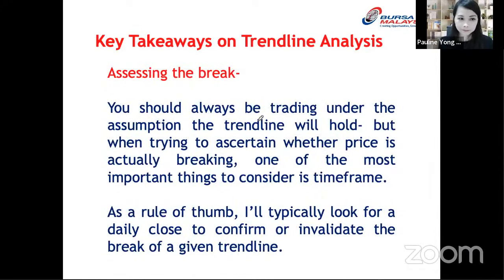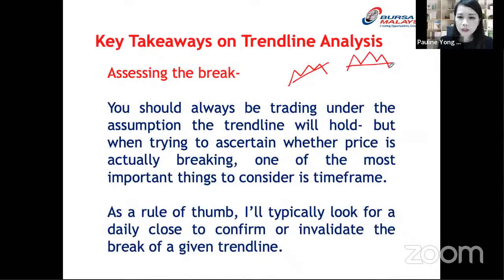And then assessing the break. When you look at the trend line break, how do you know whether it is genuine or a fake one? Let's say it breaks, how do you know this is genuine? Sometimes you have a horizontal trend and then it breaks, but after it breaks, it reverses.